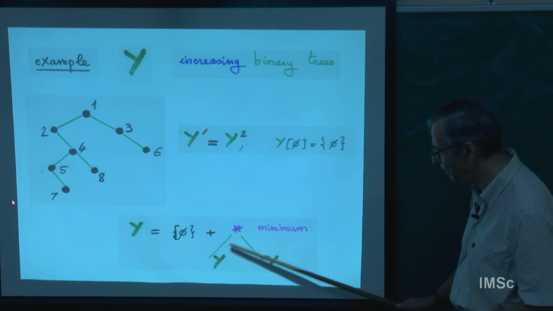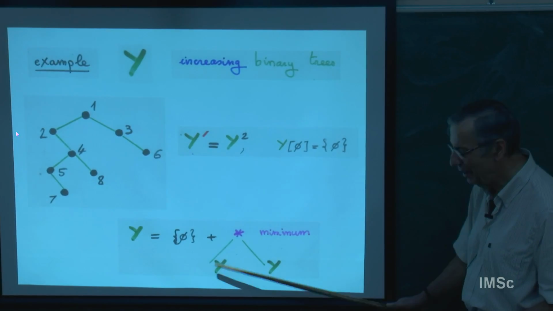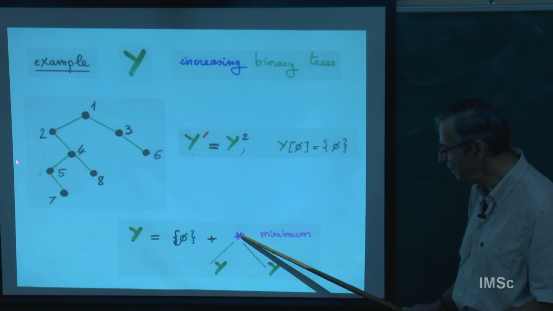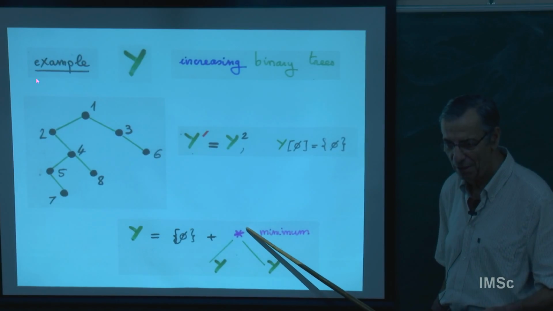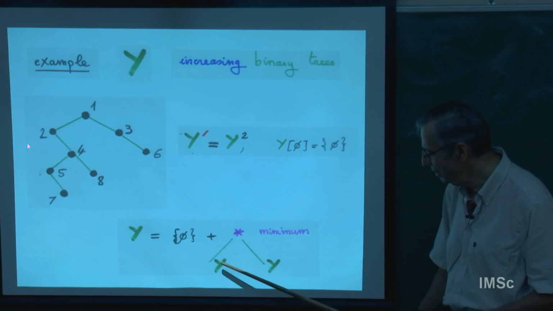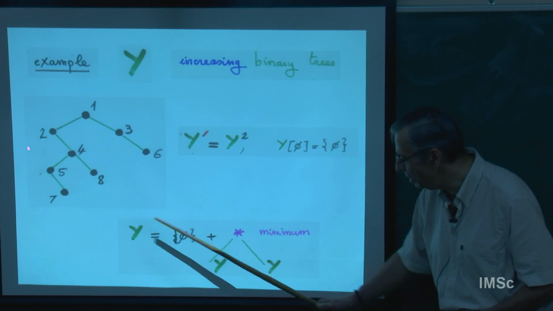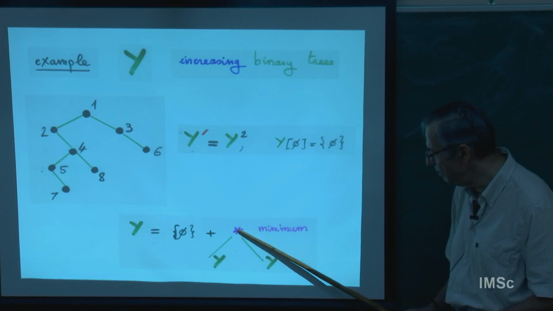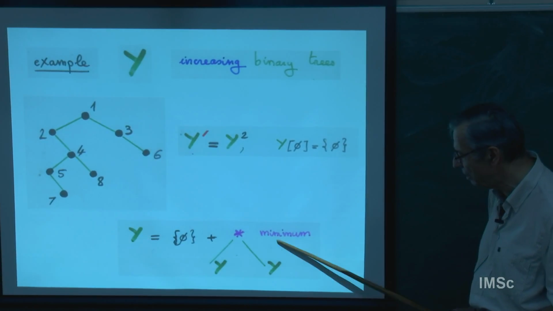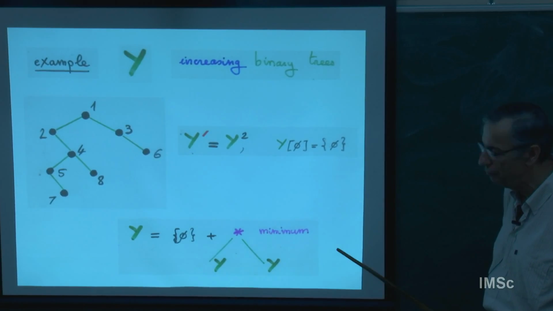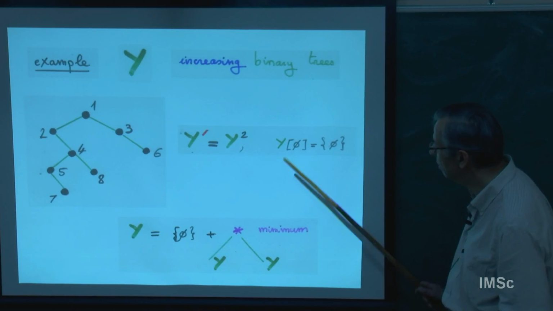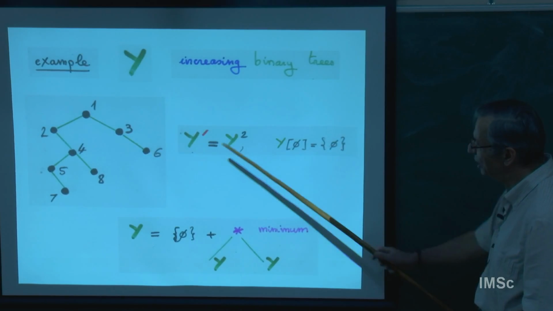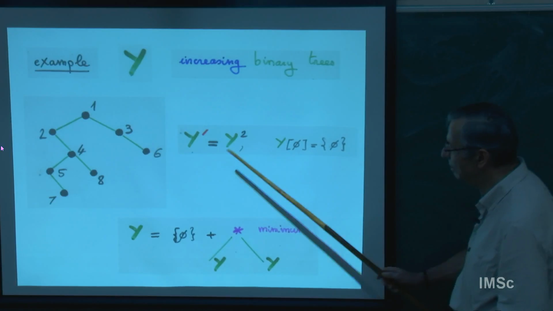So suppose I have a totally ordered set here. I add a new point, which is going to be the minimum of the new totally ordered set. And here I have the same structure. So Y, if Y is non-empty, can be equal to such a structure, recursive. So this is a recursive definition. But you can check that it satisfies the differential equation.